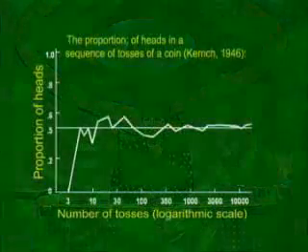Students, you noted how clearly this diagram showed that in the beginning there were wide fluctuations. Sometimes the proportion of heads was much higher than 0.5 and sometimes it was much lower. But as the number of tosses increased, those fluctuations began to diminish, and the curve representing the proportion of heads tended to the number 0.5.